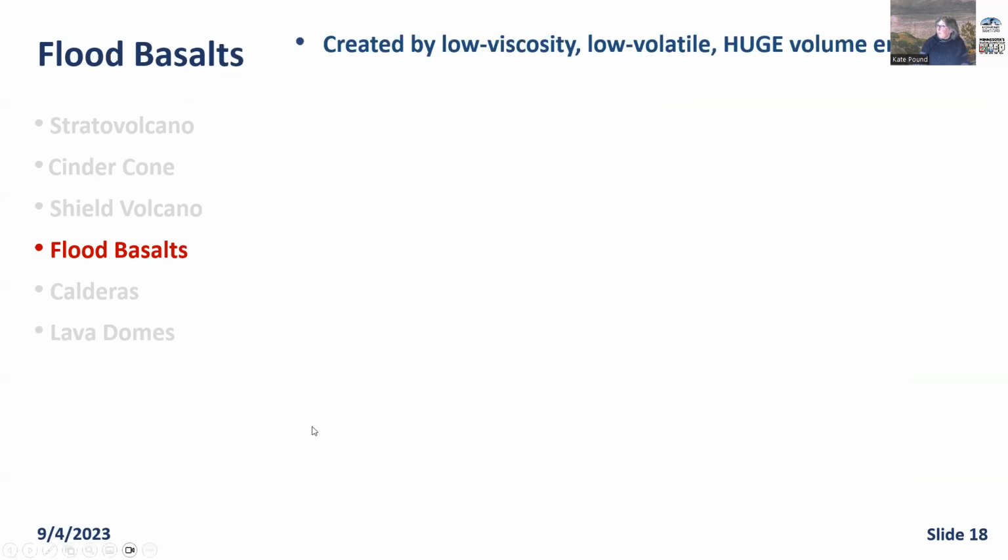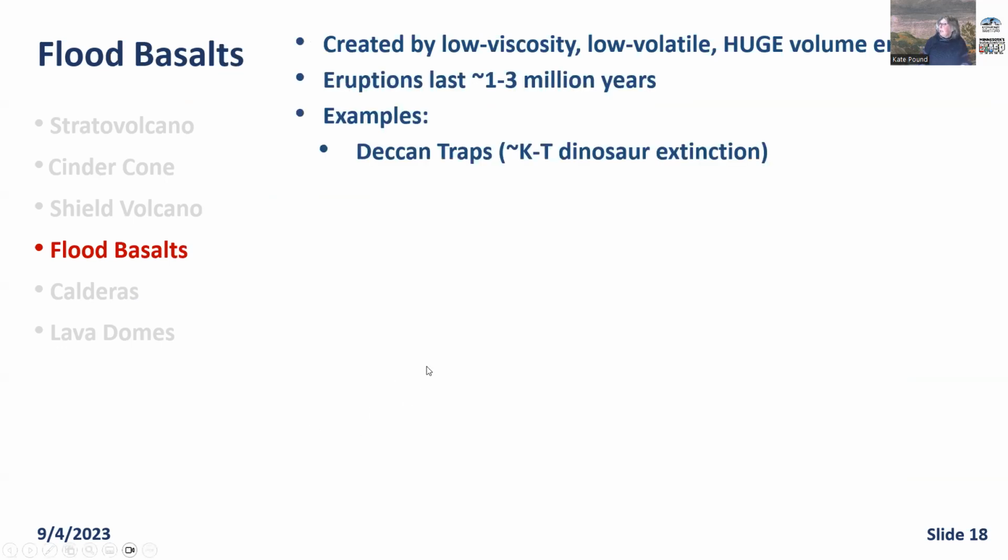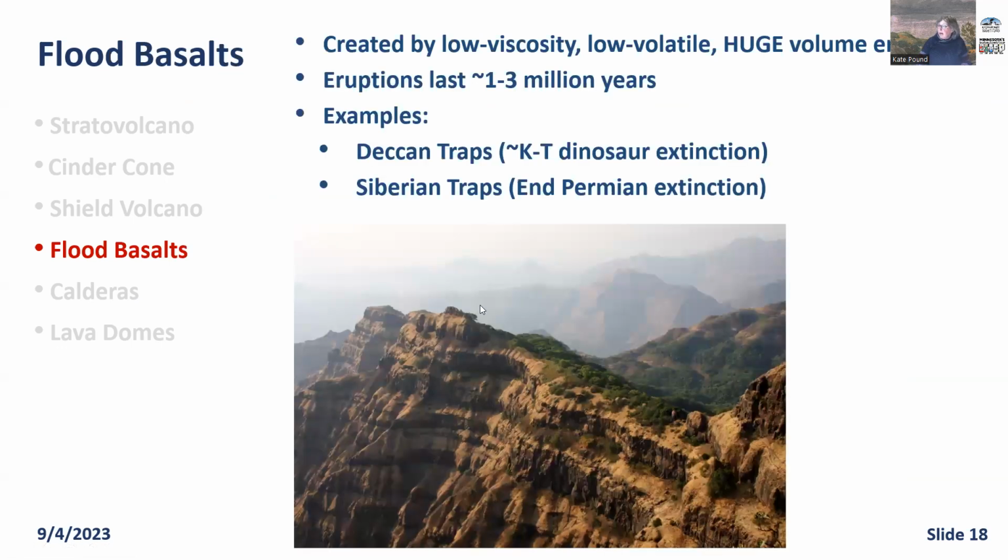And finally, I want us to think about flood basalts. Well, not finally. These are unusual volcanic sequences. They are essentially a whole bunch of volcanic flows, but they're pulled out because they are these incredibly thick sequences of basalt flows.